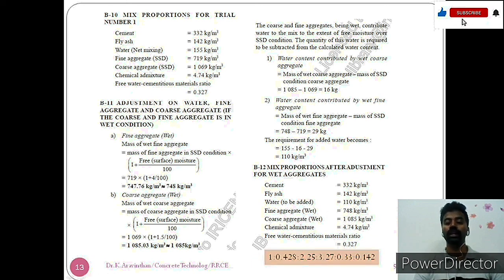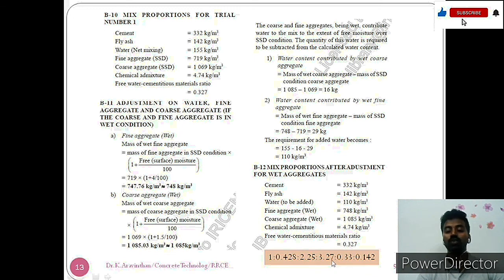So if you need it in terms of ratios, the ratio here which is required for M40 grade is 1, that is cement content. We are arriving at all the ratios in terms of cement content, that is 1:0.428 is the fly ash, to 2.25 is the fine aggregate, and 3.27 is coarse aggregate.